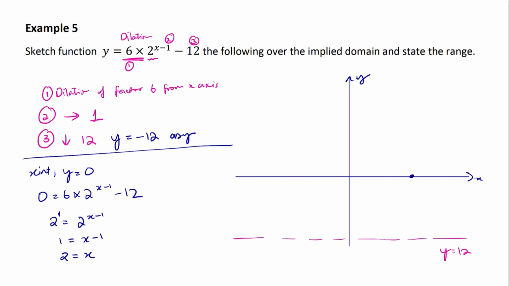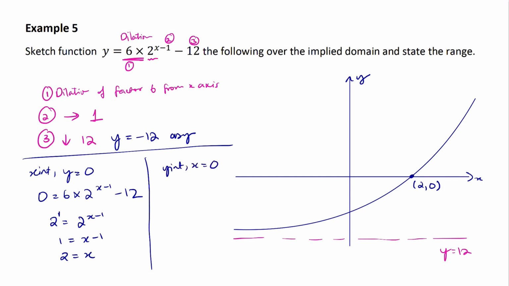I already know that it's going to go through here now. So that'll be (2, 0). And then I can find my y-intercept by making x equal to 0. 0 minus 1 is negative 1. So 2 to the power of negative 1 is a half, and a half times 6 is 3. So 3 minus 12 will be negative 9. So that's going to be the y-intercept.